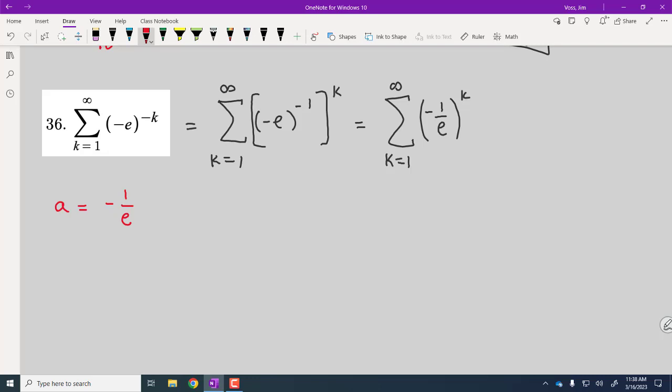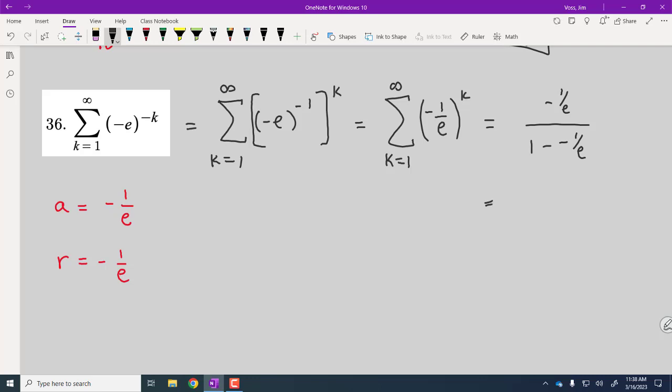The R value is also -1 over e. And that tells us that our sum is A, so -1 over e, divided by 1 minus -1 over e.